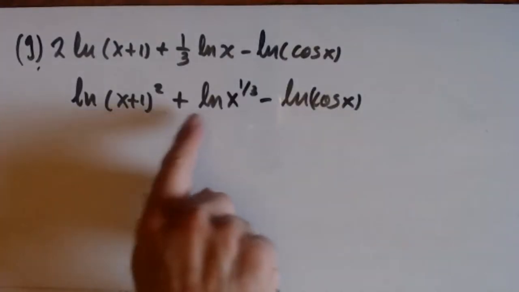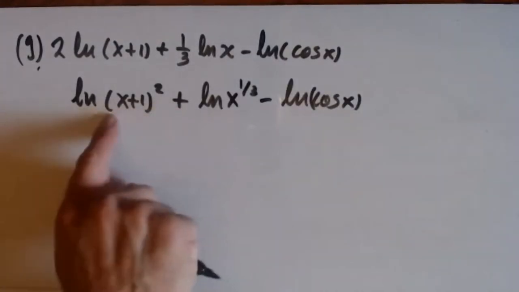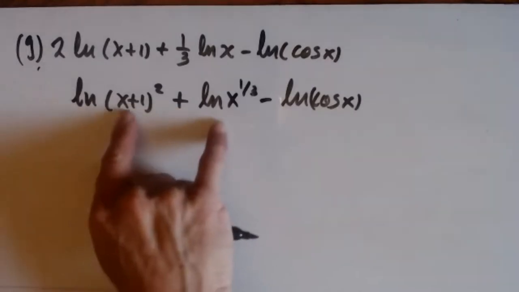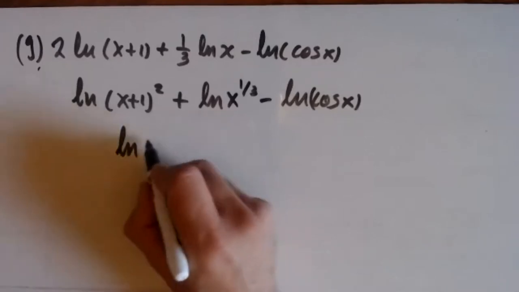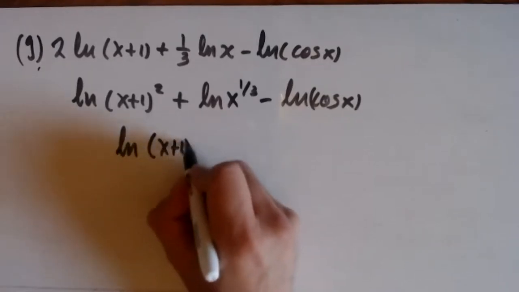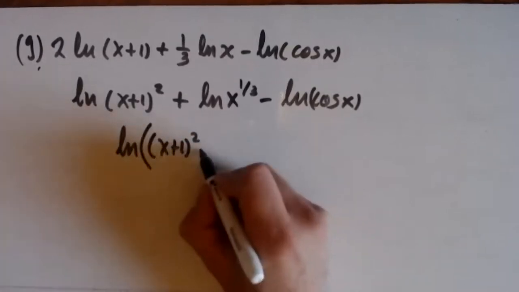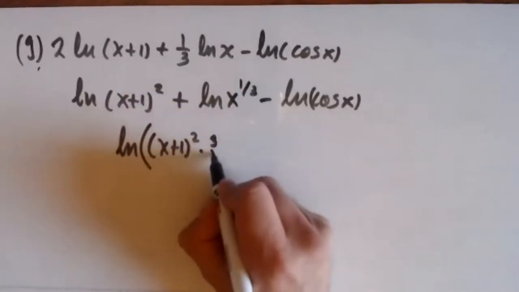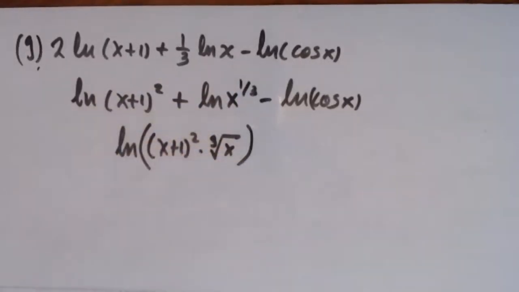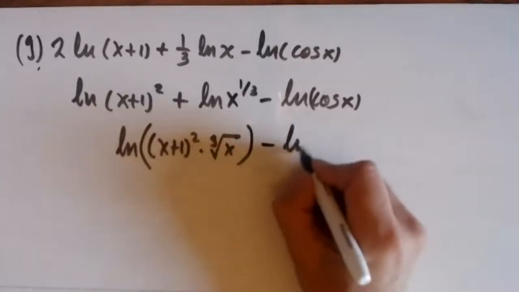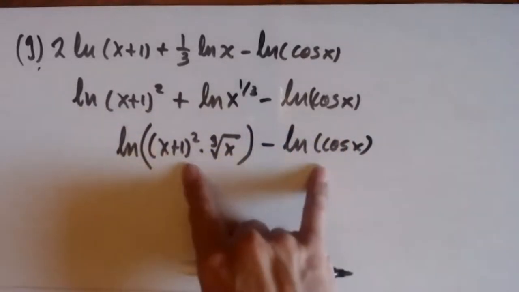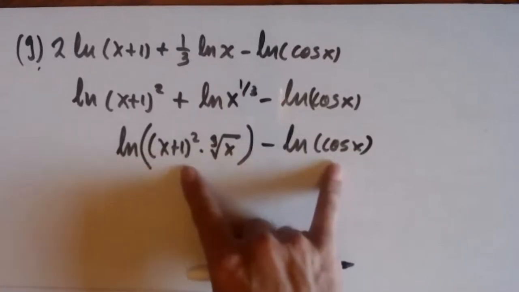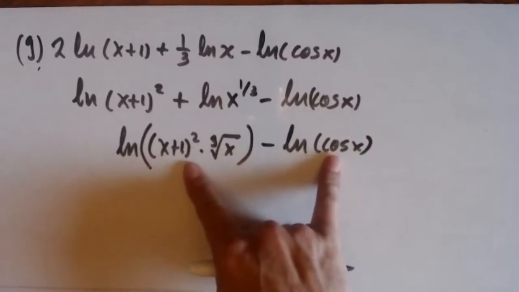Now I have the addition of these two logs, same base. So this is the log of the product of these two expressions. So it's ln (x plus 1) squared times this 1/3 is the cubic root. So I'm going to put the cubic root. And then I have an extra term I have to compress. This difference is the quotient, the log of the quotient of these expressions.